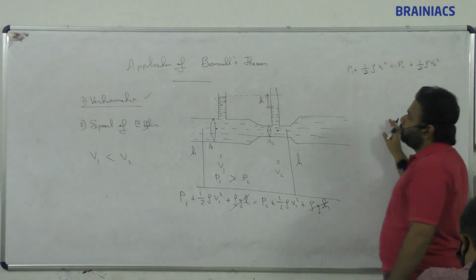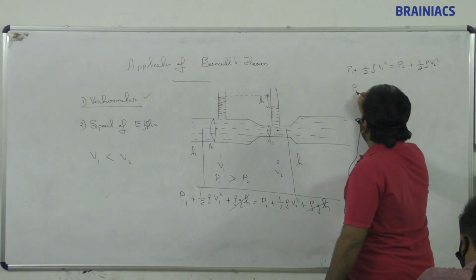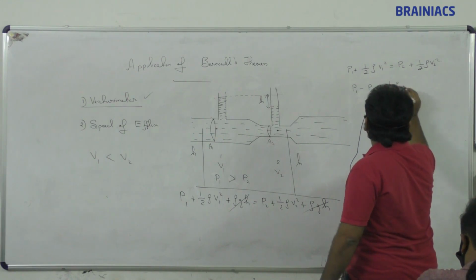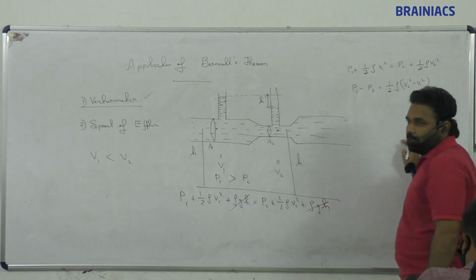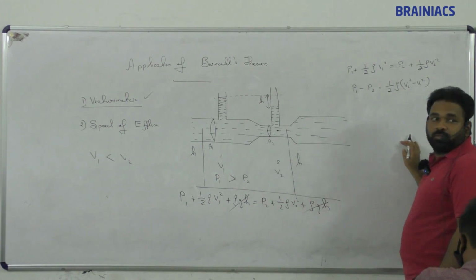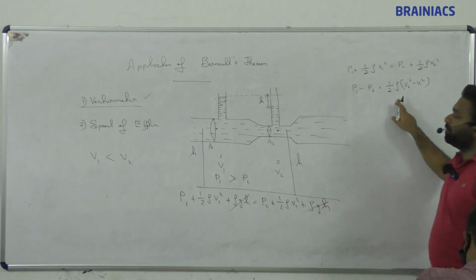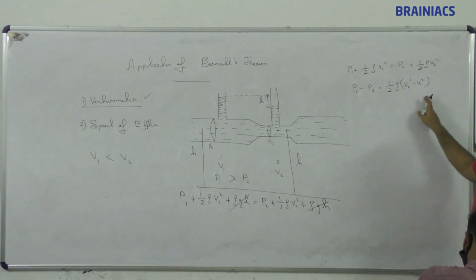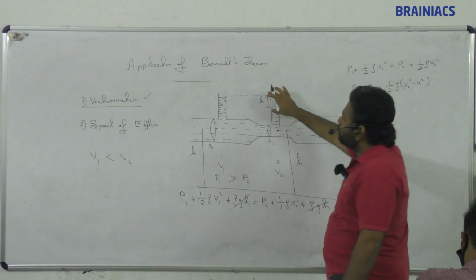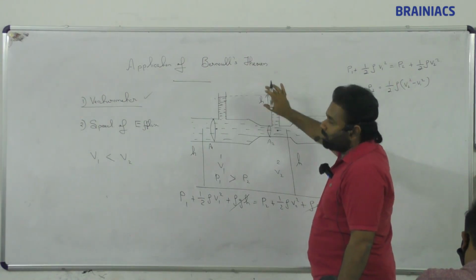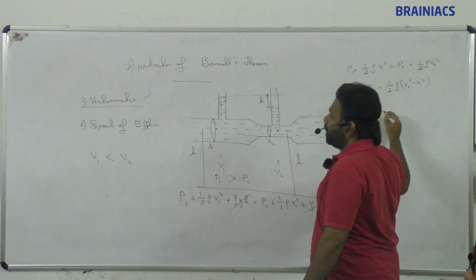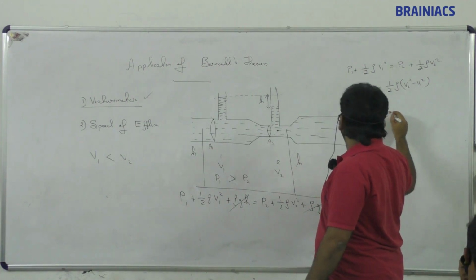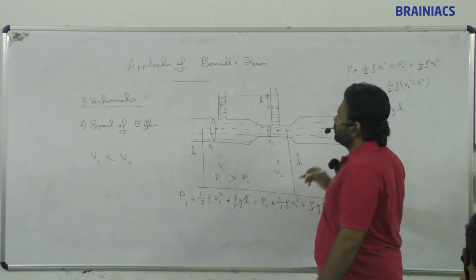So the pressure difference between them, P1 minus P2, will be half rho into V2 square minus V1 square. Pressure difference between the first point and second point is nothing but half rho V2 square minus V1 square. Now based on this height, can I write P1 minus P2 is equal to rho G H also?